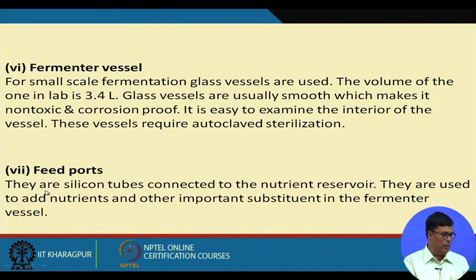In the lab fermenter we use silicon tubes for transferring liquid. For industry we have stainless steel pipelines through which we add the nutrient and transfer to the fermentation vessels. So this is the feed port that we have.